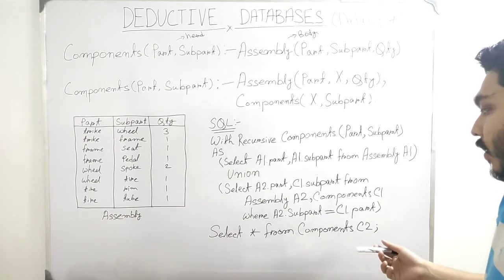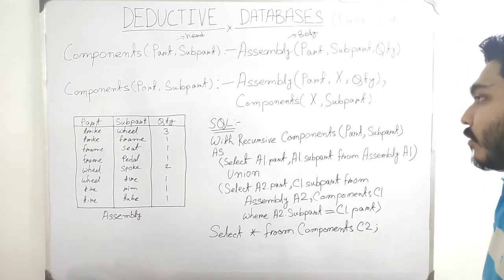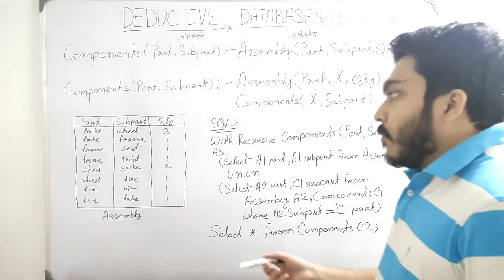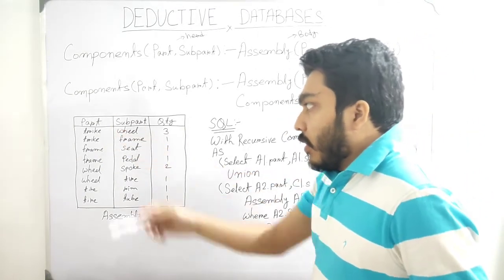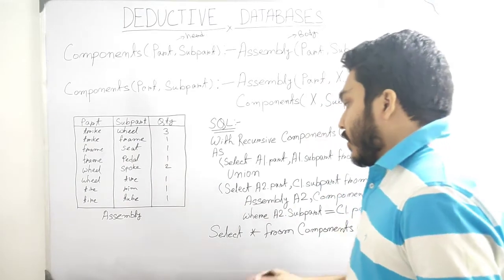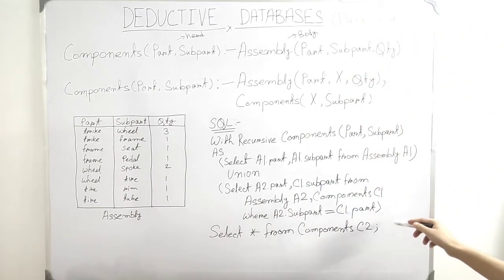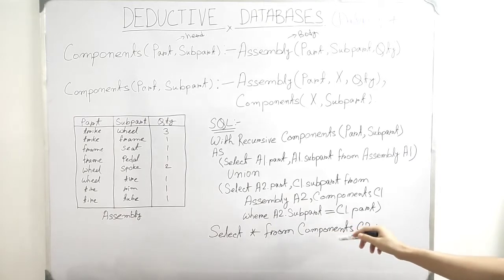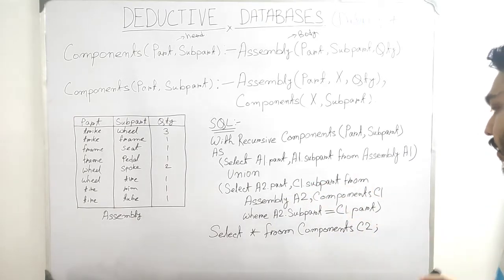Now if the component set is ready and I ask which subparts we need for trike, you just give a filter condition: select star from component c2 where part equals trike.